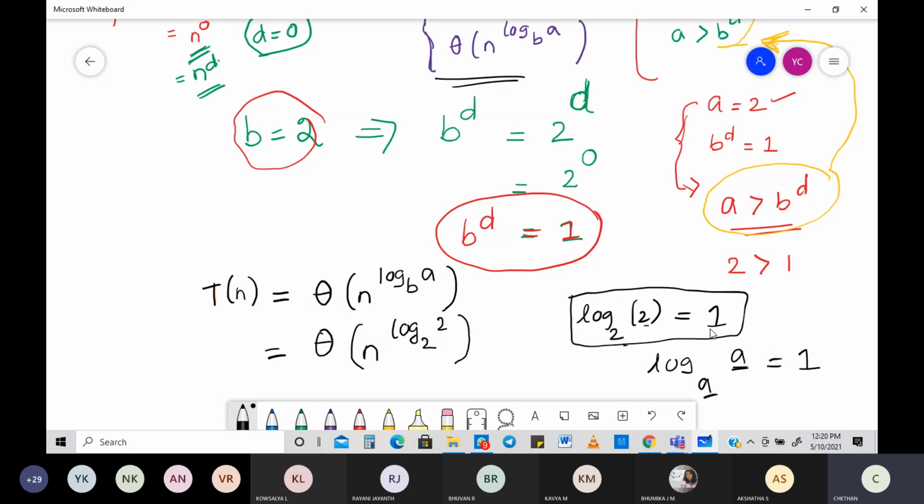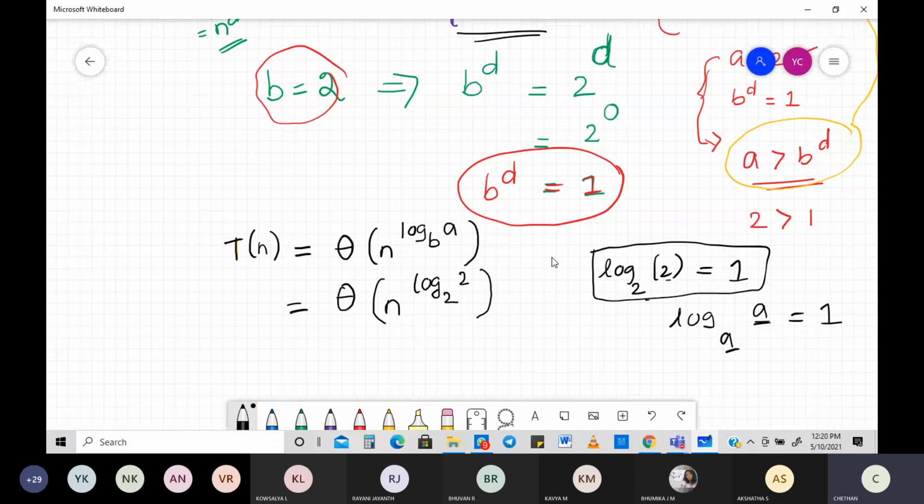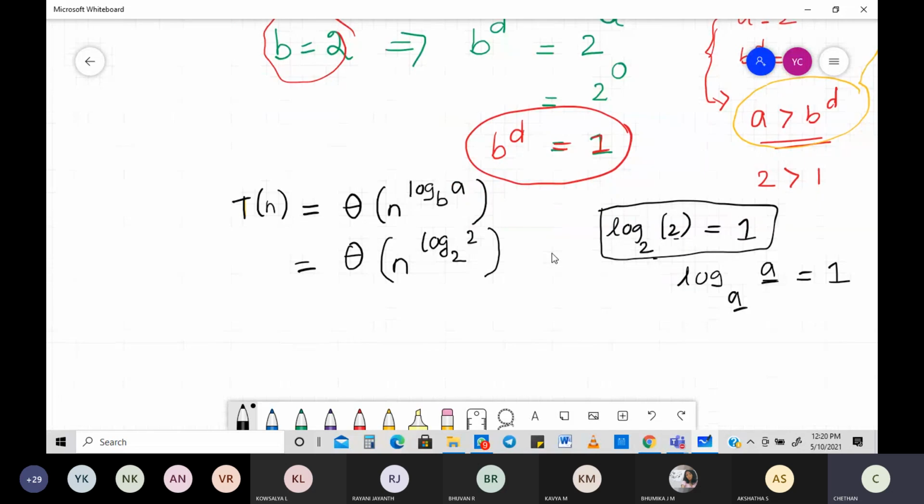Can I write this entire thing now as theta of n? This entire thing has power 1, which is nothing but theta of n. And what is this? The time complexity. It's the same thing you got even in the substitution method.